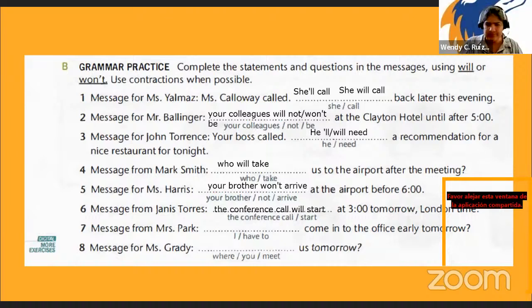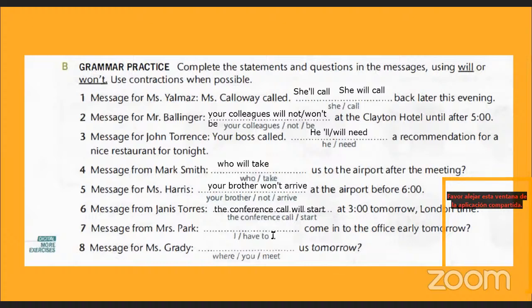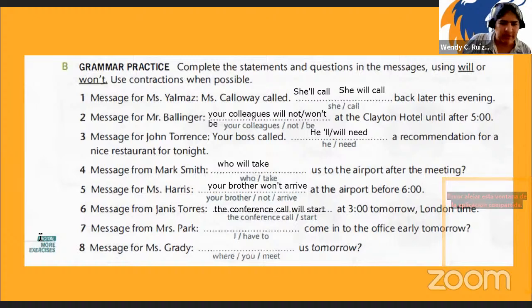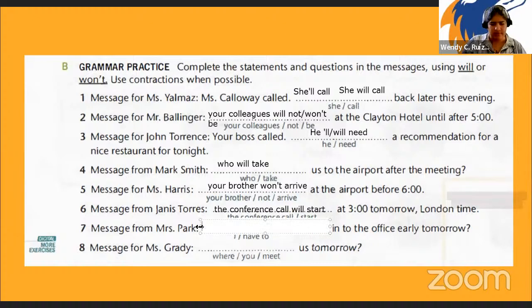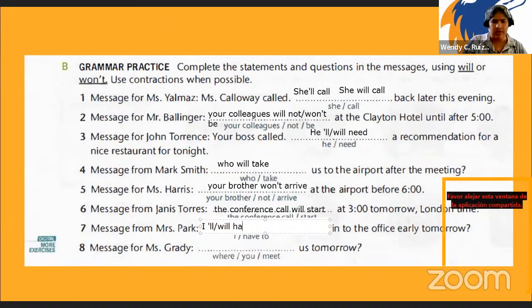Cristel, mi nombre. I will have to. Message from Miss Park. Let me see. I will have to. Aquí sí podemos utilizar contracción. Podemos decir I'll o I will have to come into the office early tomorrow.